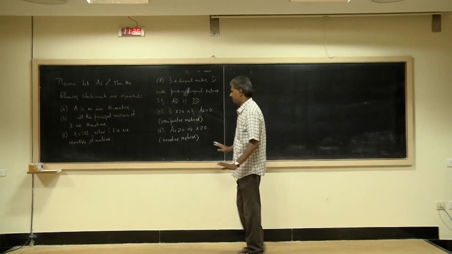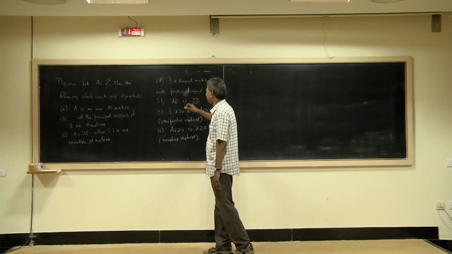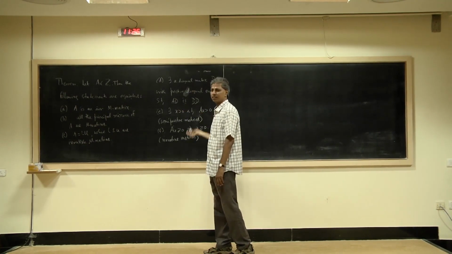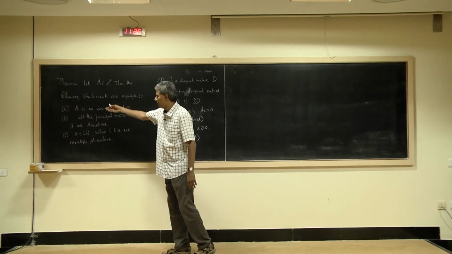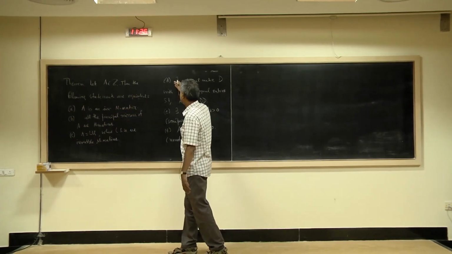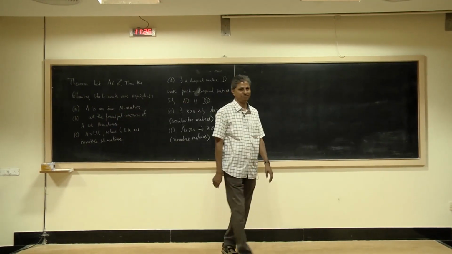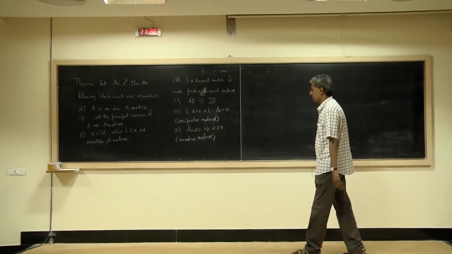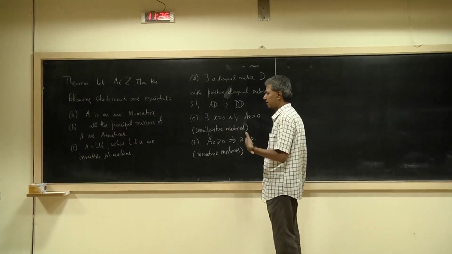Okay, so see the proof, so all these statements are equivalent. How does a mathematician prove these equivalences? A implies B, B implies C, C implies D, D implies E, E implies F, F implies A. That's how we do. Some of these proofs are a little involved.